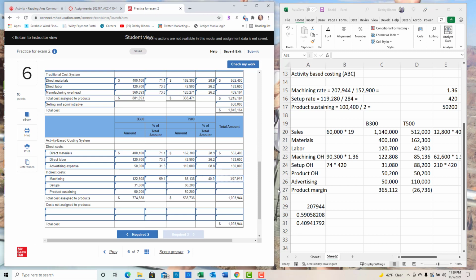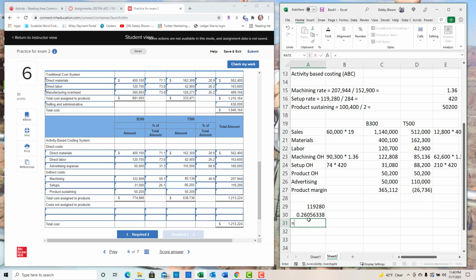I actually think I'm going to do the next ones a little bit differently. Well, actually it's only one more time. So here I'm going to take 31,080, add 88,200, and I'm going to get a total of 119,280. So here I'm going to take 31,080 and divide by 119,280. I'm going to get 26.1%.